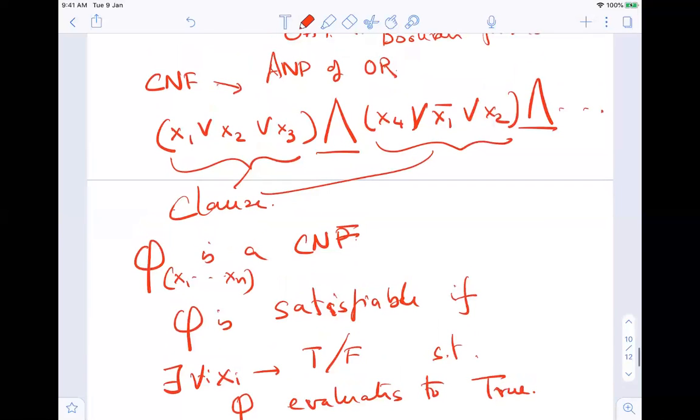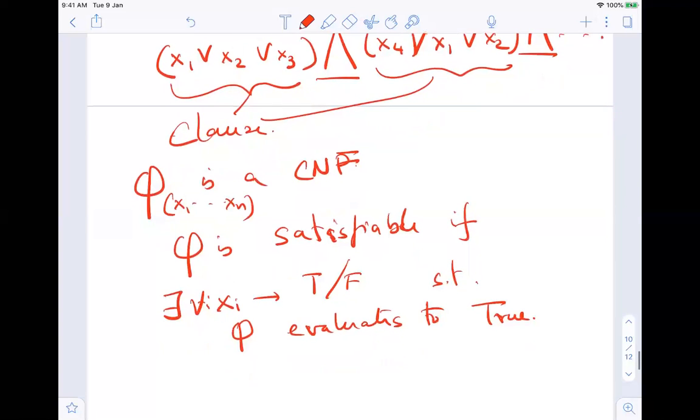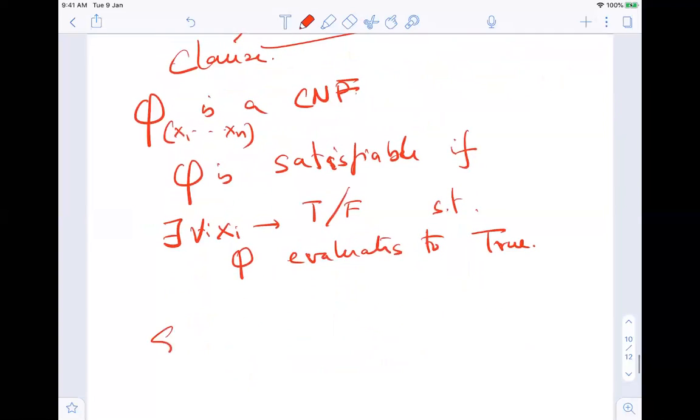What does it mean? I want you to satisfy these clauses, and in every clause at least one of the variables must be turned to true. So this is called satisfiable. SAT is the language of all those phi such that phi is satisfiable.